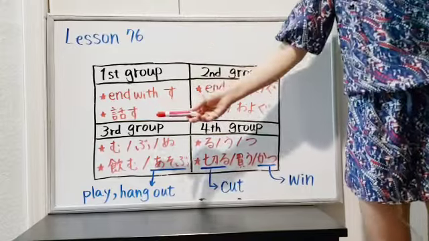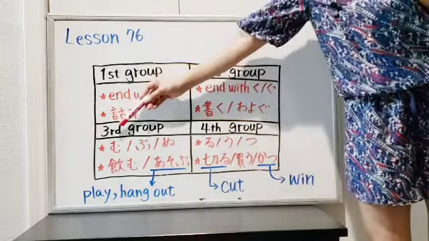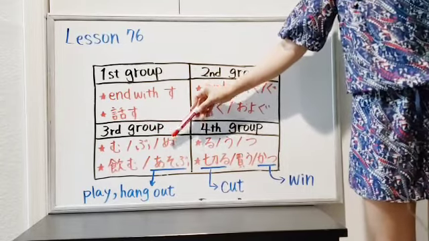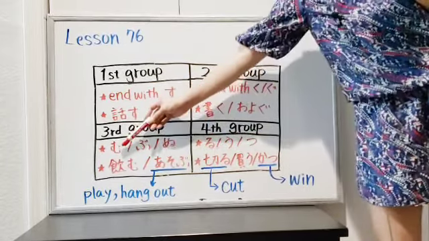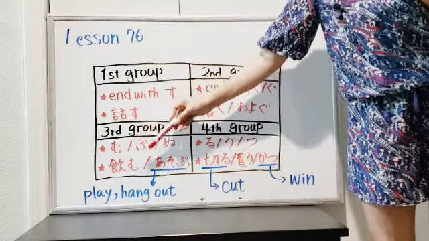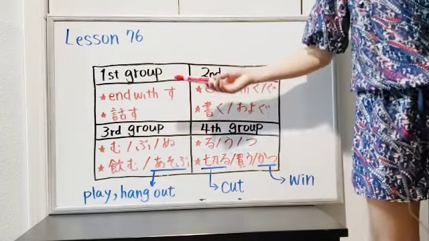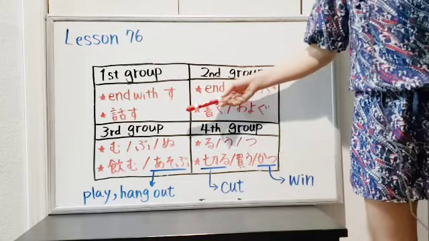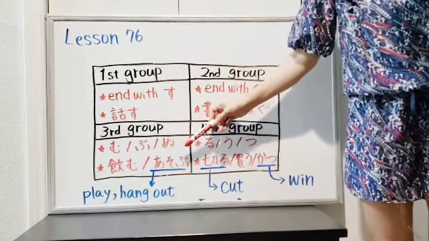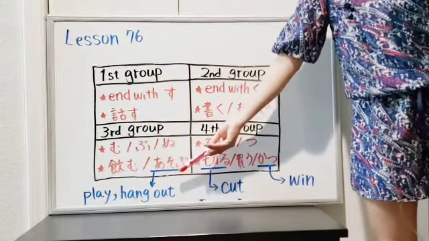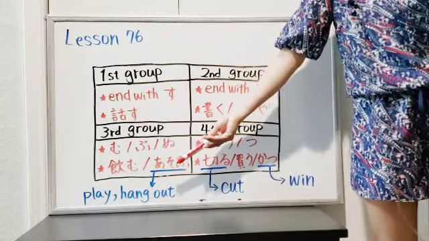If u-verbs end with mu, bu, or nu, such as nomu, asobu, they belong to the third group. Asobu means play, hang out in Japanese.